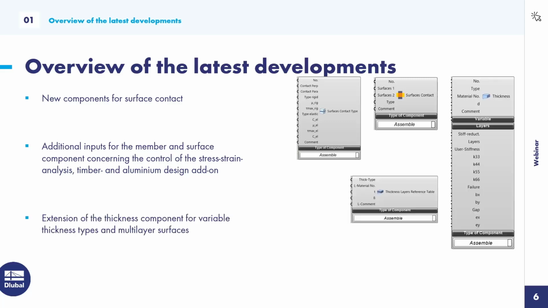And the last feature that I will show here in the PowerPoint presentation is the extension of the thickness component for variable thickness types and multi-layer surfaces. This obviously will be a topic of today's live demonstration.